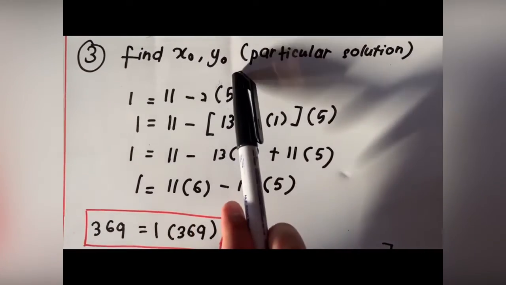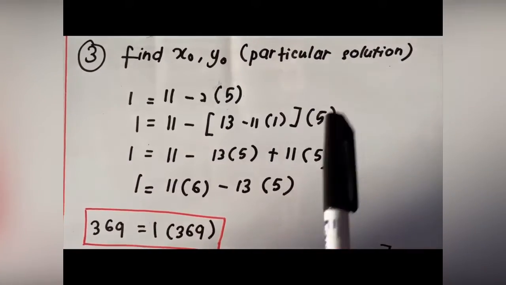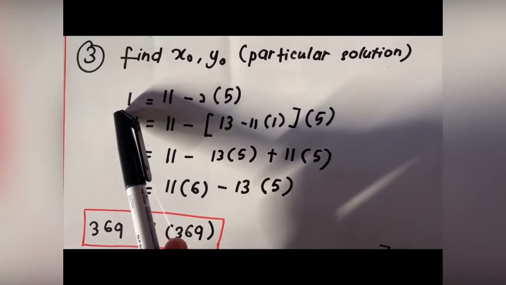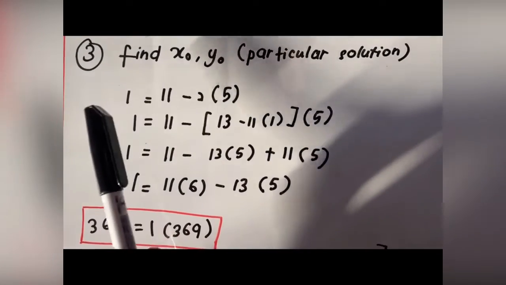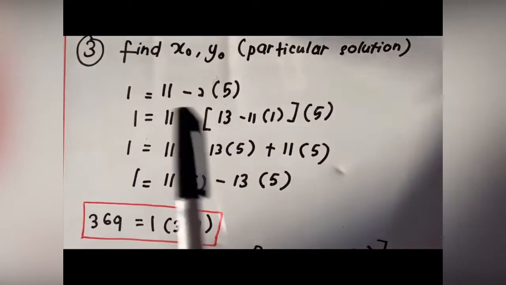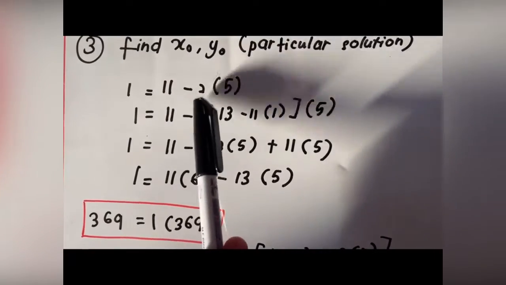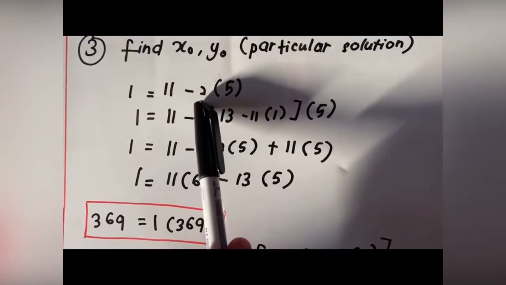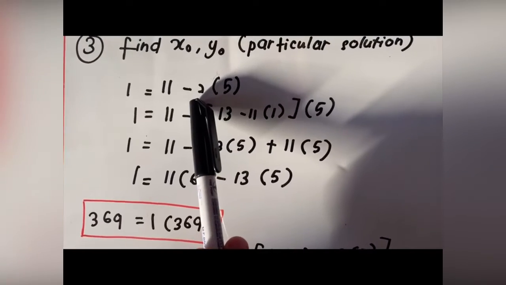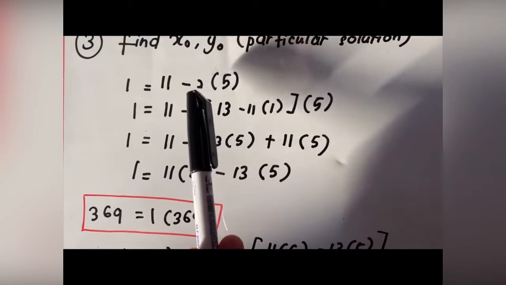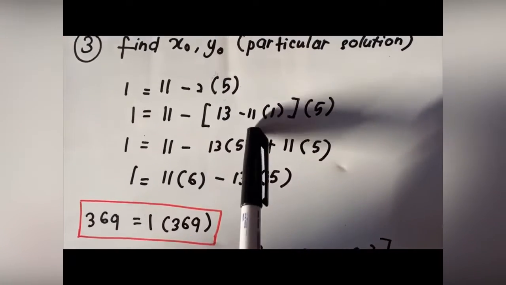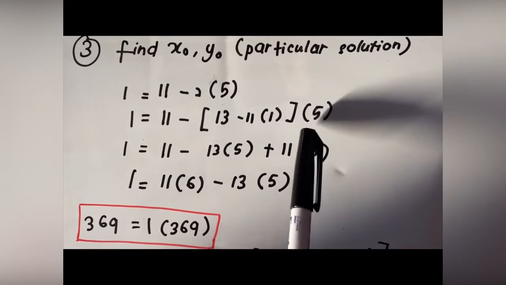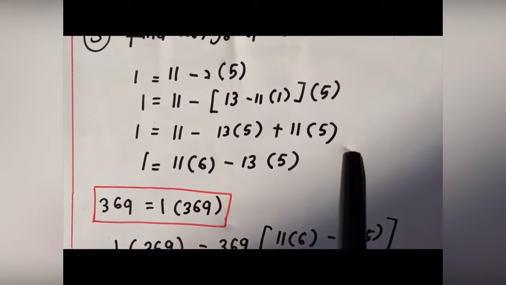This is the particular solution. From step 1, E equals PQ plus R, you must take equation 1, and then you replace the number 2 with 18 minus 11 times 1.